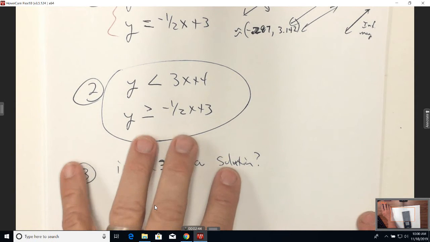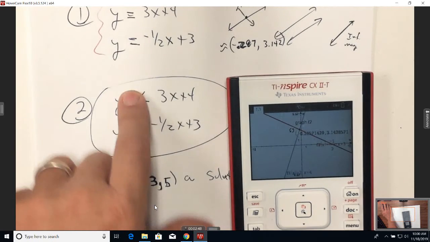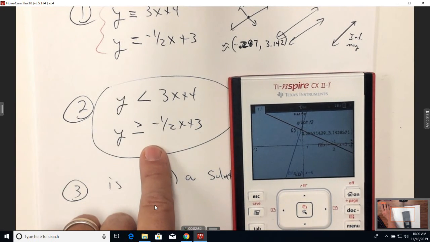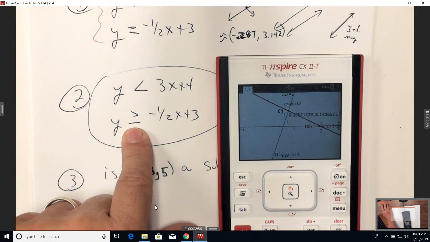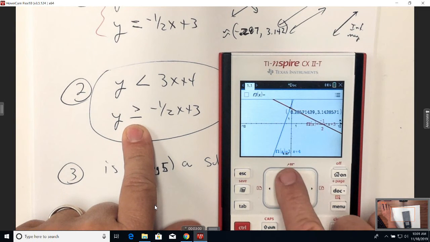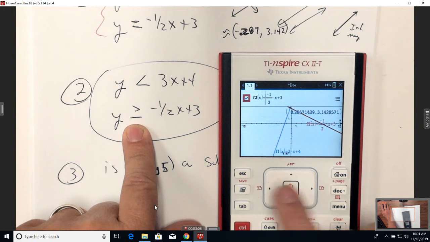Well, how can I graph these in my calculator? Well, I've already got the two lines, right? I've got y is equal to 3x plus 4, and y is equal to negative 1/2 x plus 3. But I don't have the inequality symbols. How can I graph inequalities in this calculator? You just go to Tab, and I can go up here and change this to not be an equal to, but this one needs to be a what?